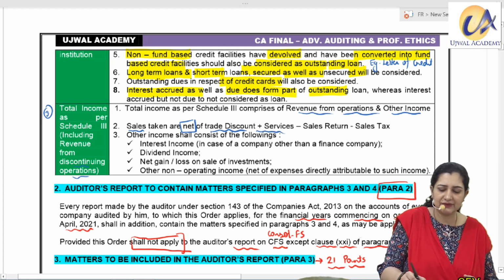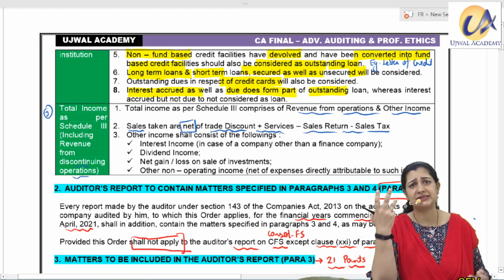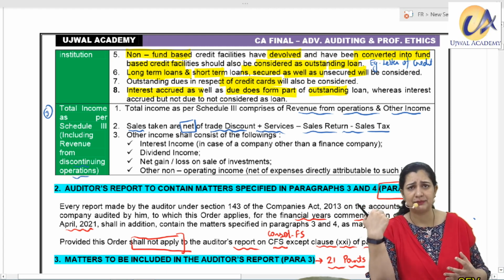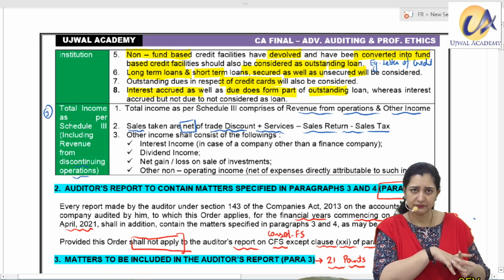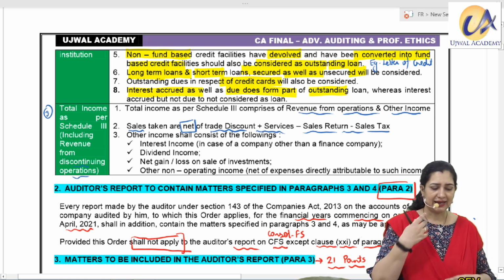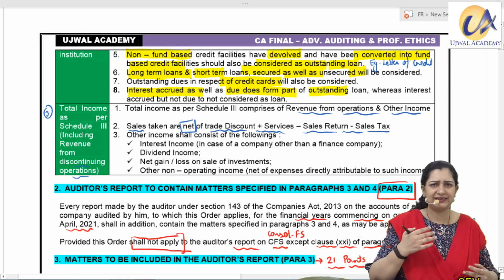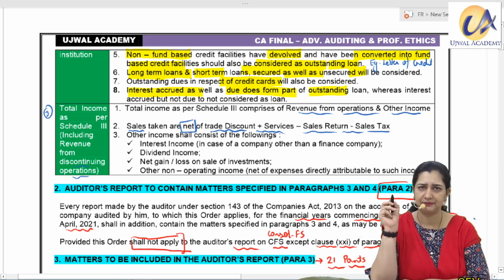Any services are there, we add that. Sales return, we will minus. GST separately collected, we will be showing separately, so it is not counted in your turnover limit. So this will be net of these points. And other income is normal interest income, dividend income, and other income which is there. So all these things we have to see.